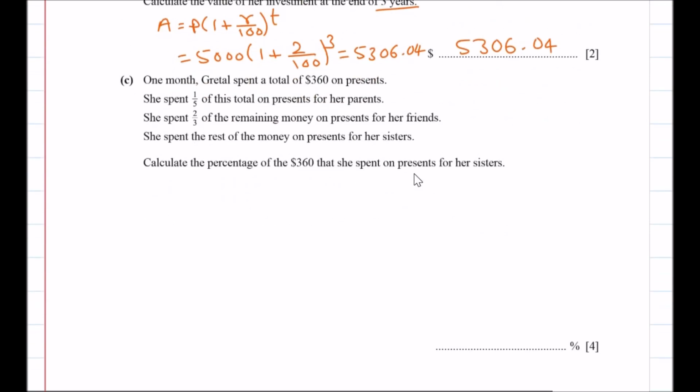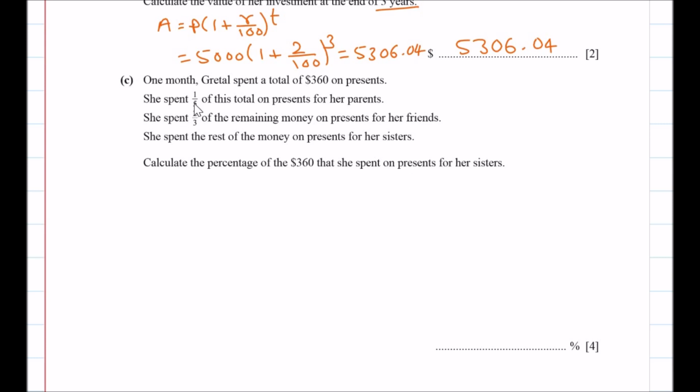Okay, next part. One month, Gretal spent a total of $360 on presents. She spent 1/5 of this total on presents for her parents.